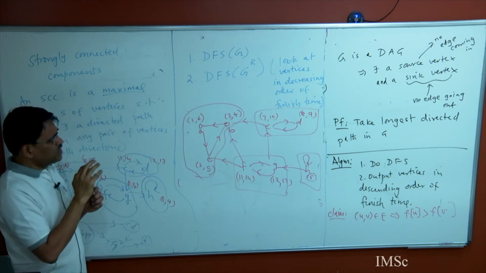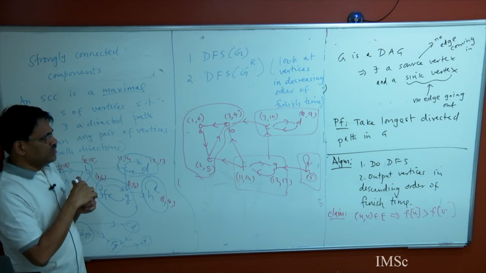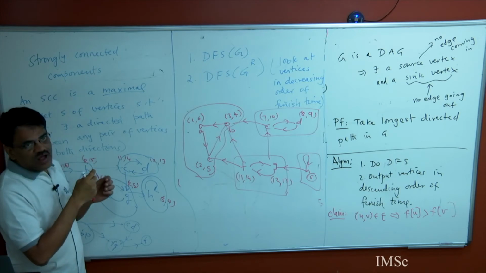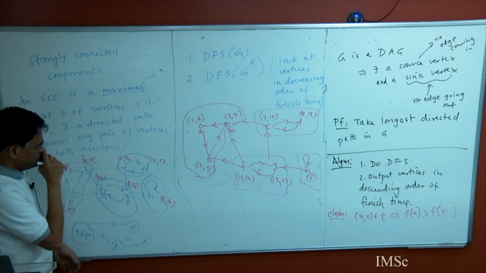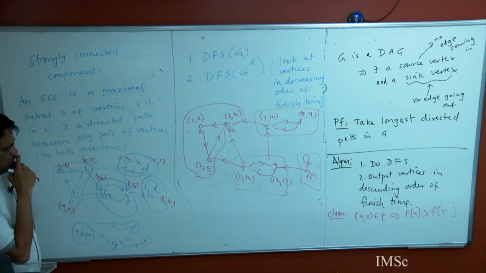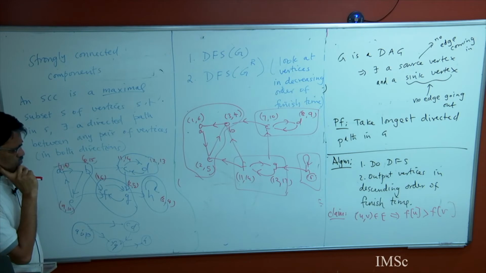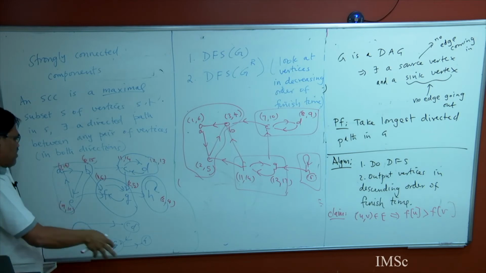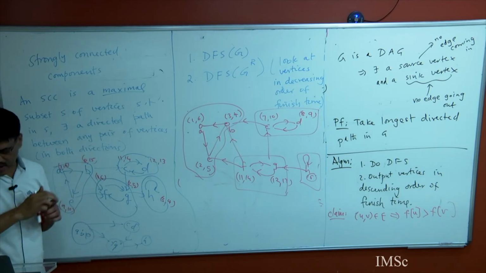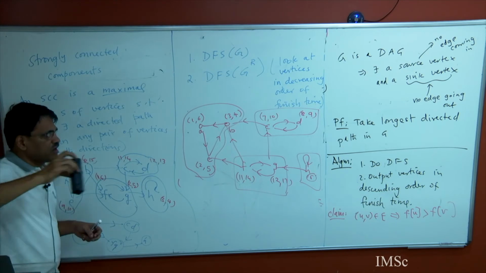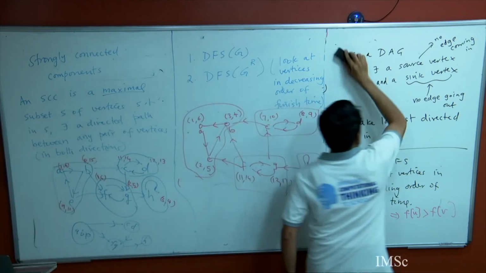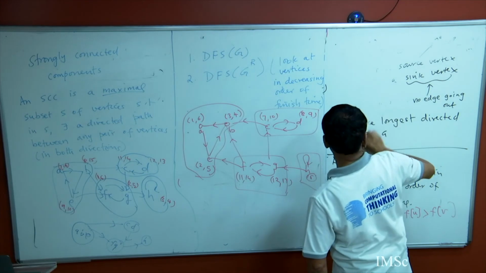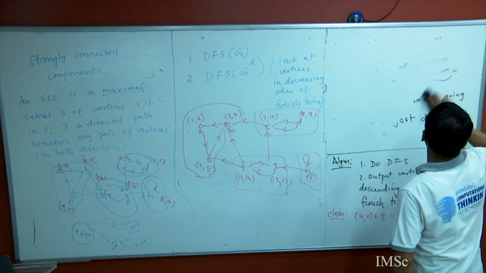Okay, so it's a very clever algorithm, and it's not very hard to prove as well. We will use again the fact that you have this sort of a DAG when you contract these vertices, and decreasing order of the finish time gives you the topological sort.